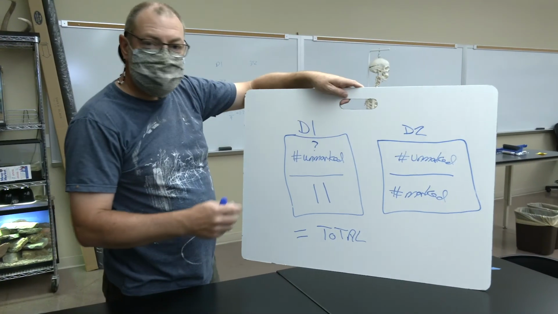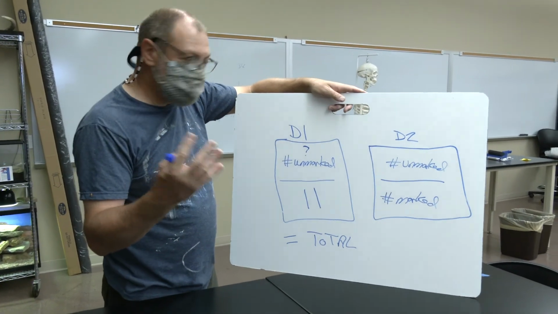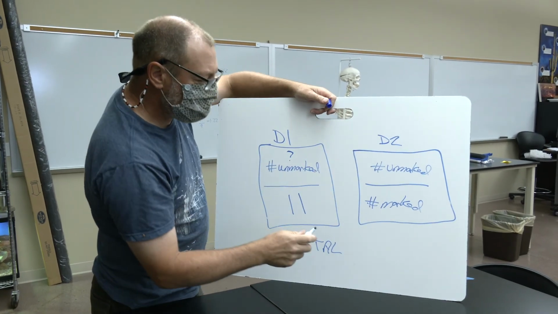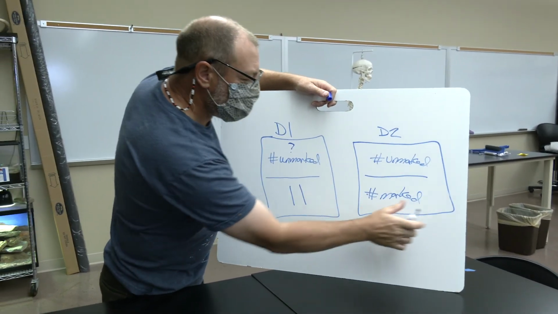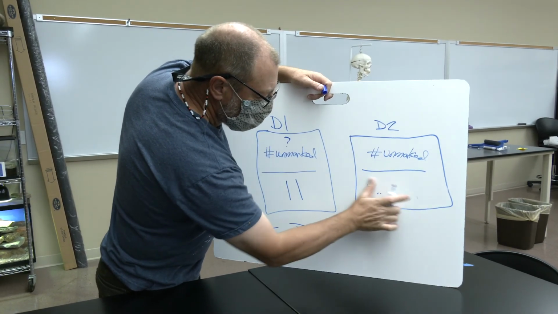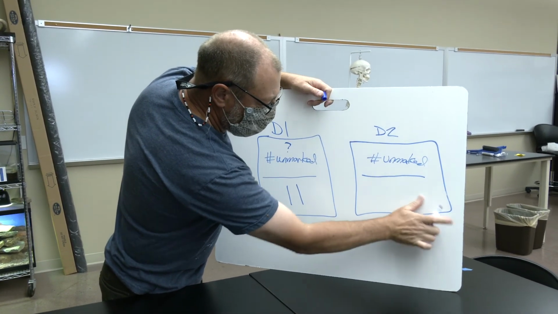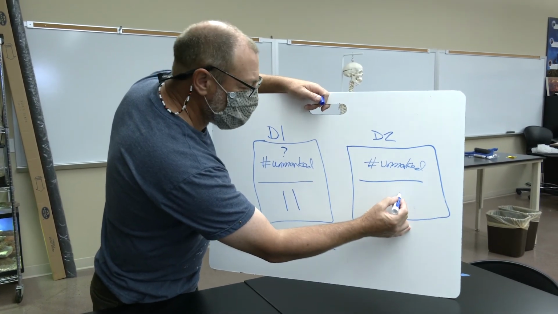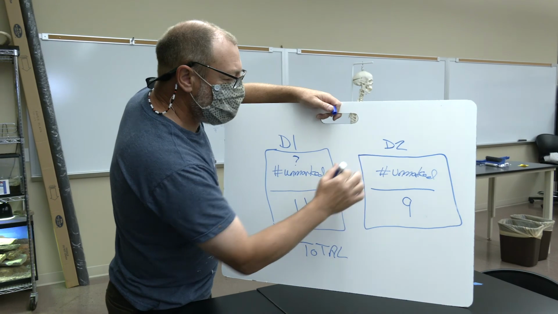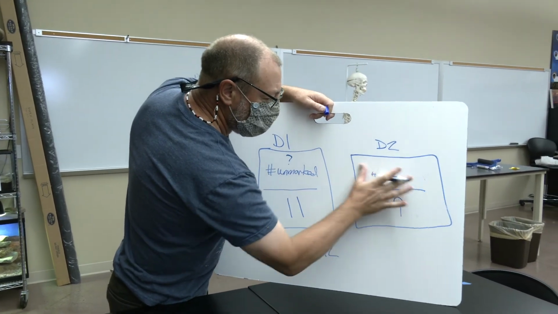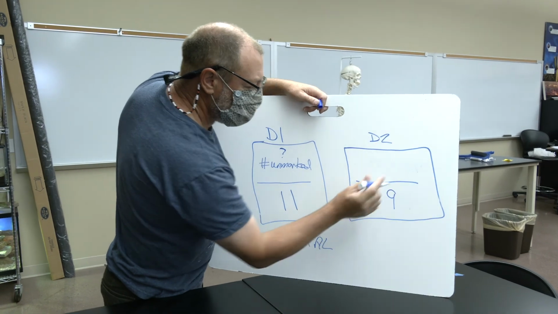All right, so now we can enter the numbers that we just collected into our mark and recapture formula. So the number of marked animals that we caught on day 2 this morning was, Joey, what was that number? 9. Number 9. All right, awesome. And the number of unmarked animals that we caught on day 2 this morning was, what was it, Joey?